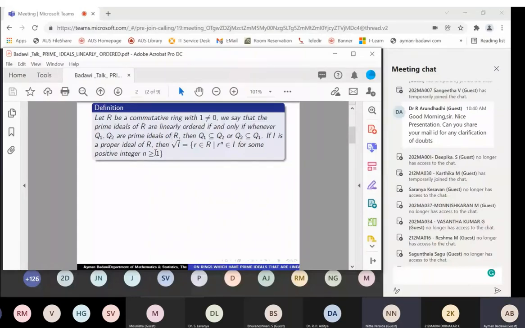And I just remind you of the radical of an ideal. If I is a proper ideal, then the radical of I is the set of elements r in R where r to the n is in I for some positive integer n bigger or equal to 1.